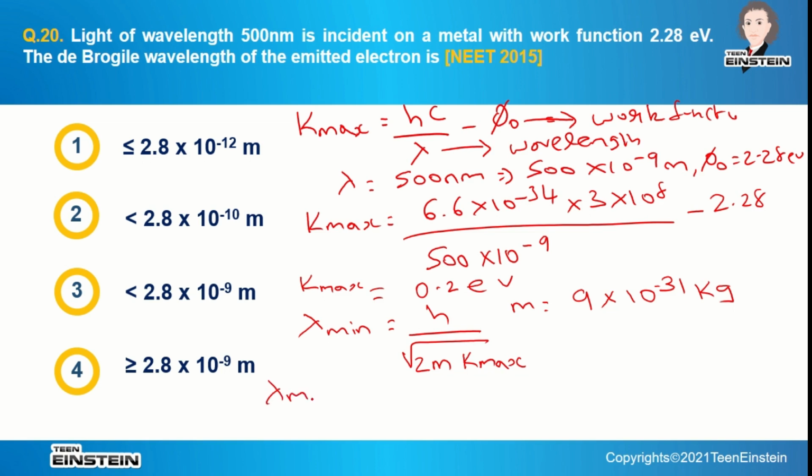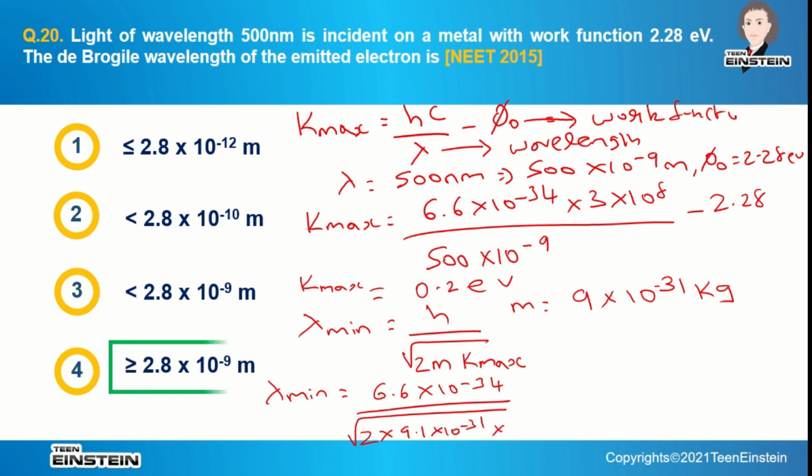If you substitute in this formula, you'll be getting 6.6 into 10 power minus 34 divided by root of 2 into 9 into 10 power minus 31 into 0.2. If you solve this, you will be getting the de Broglie wavelength as 2.8 into 10 power minus 9 meters. So the correct answer is option 4.